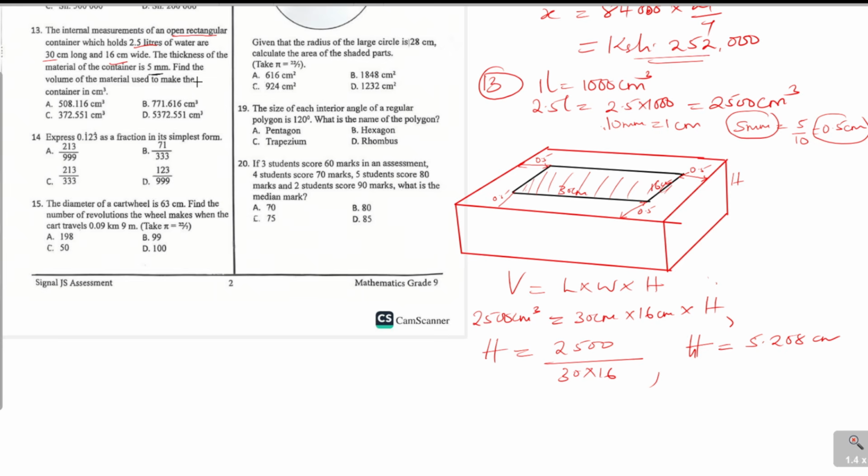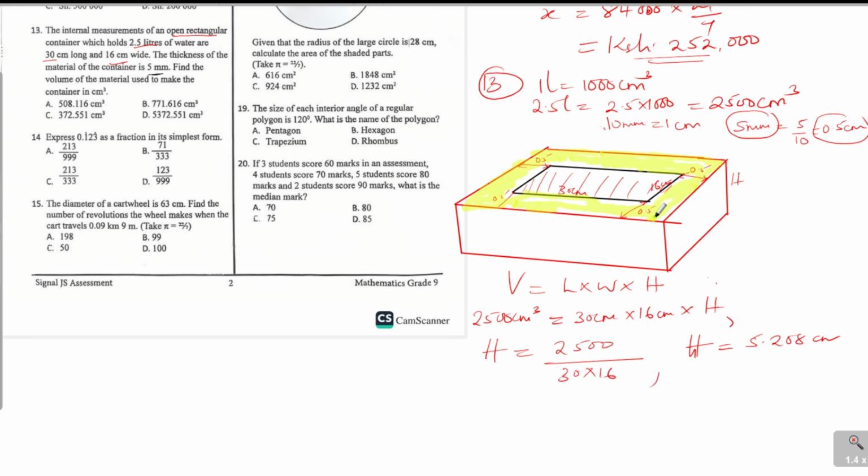The question is, we are supposed to find the volume of the material. The volume of the material is this. This is the one that we need to get. These are the whole of this part that you can see here. That is the material that was used to make that container. This outer part here. That is what you are supposed to get.